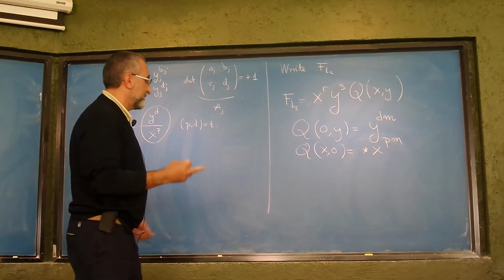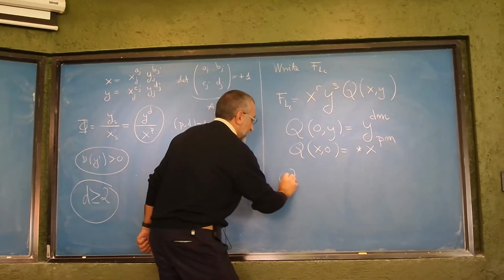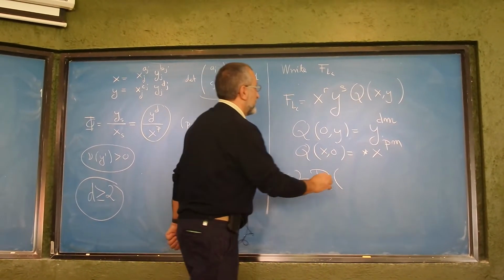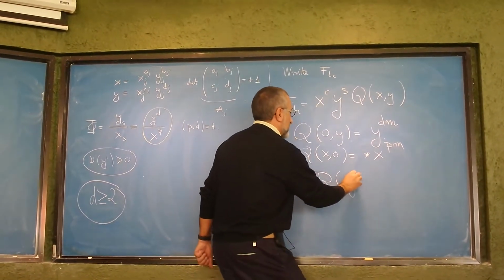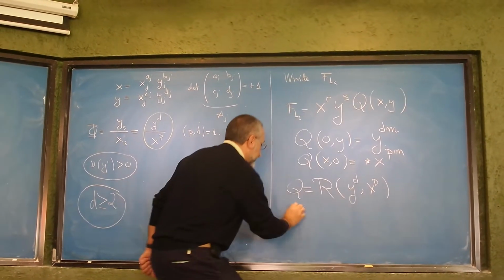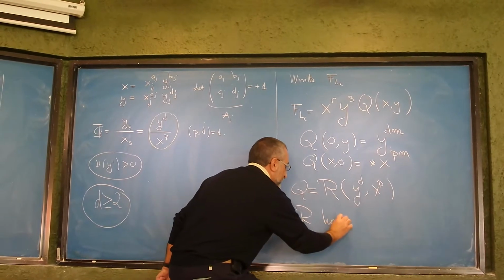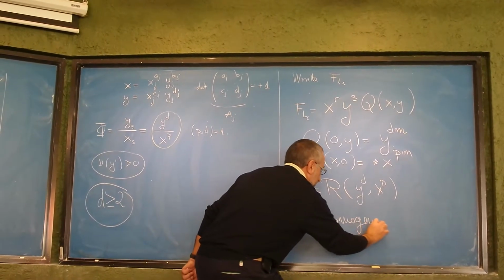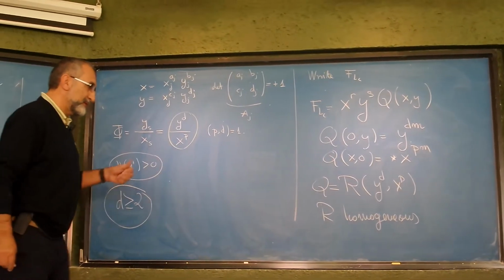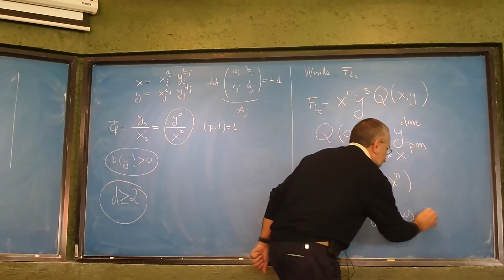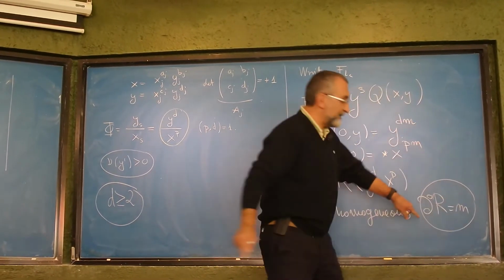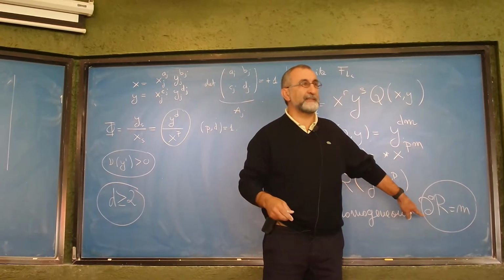And in fact, q is of the form r of y^d, x^p, where r is homogeneous of degree n. I am in a small corner of the blackboard, but this is very important.